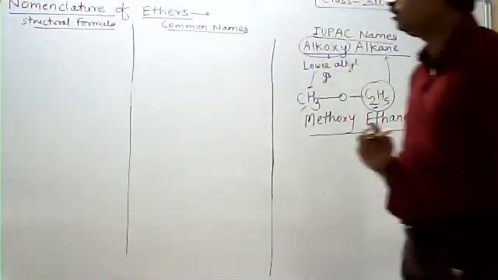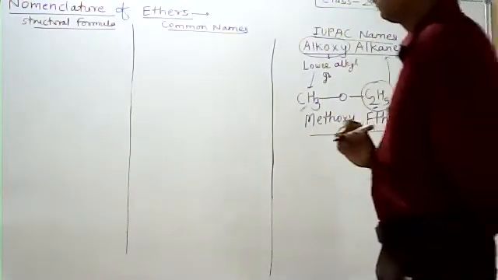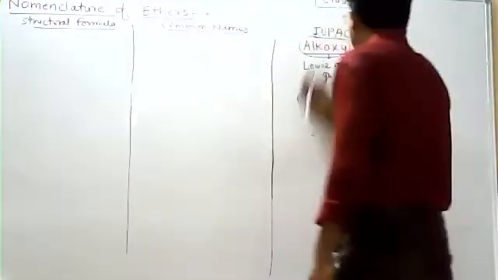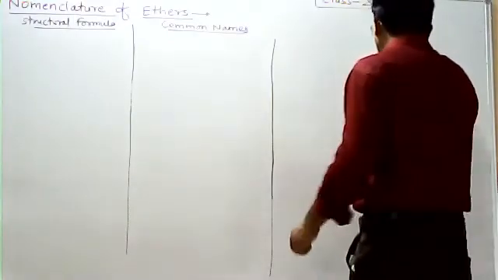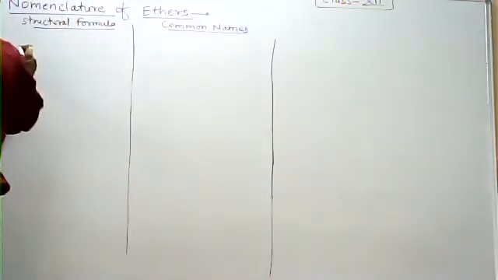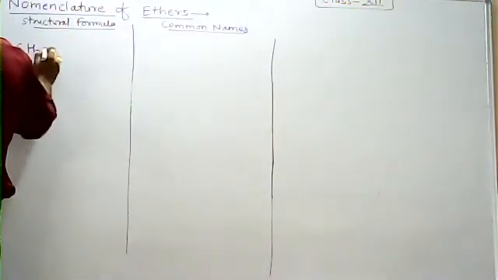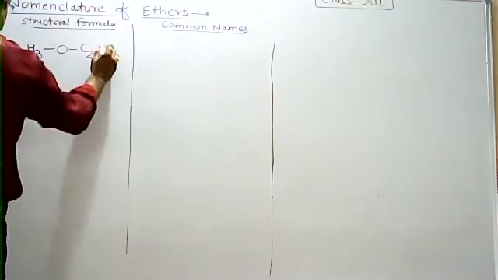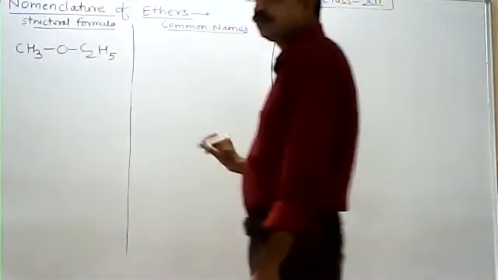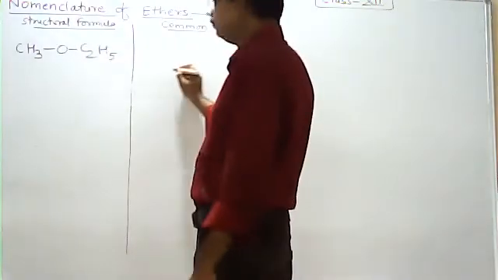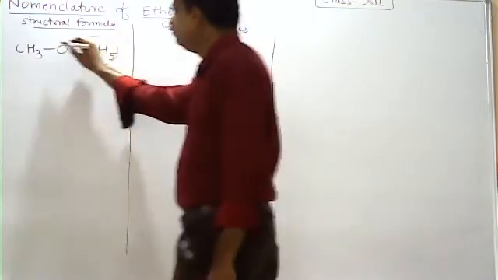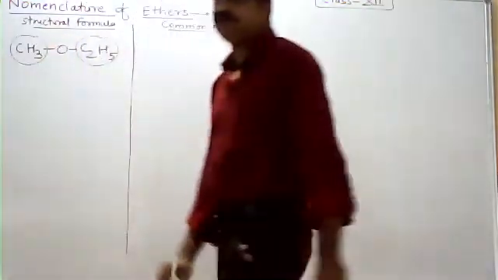Then we have to discuss the next one. We have discussed some examples also. Here are some more examples. Suppose the simple example we have taken is CH3OC2H5. What is the common name? This is a mixed ether.